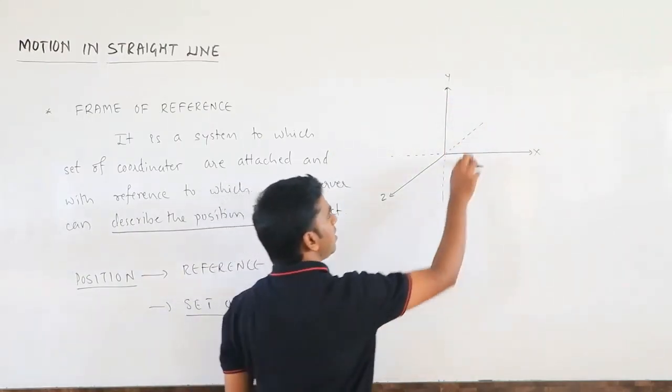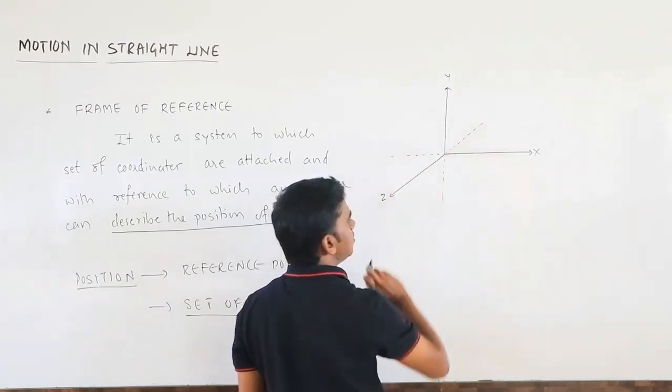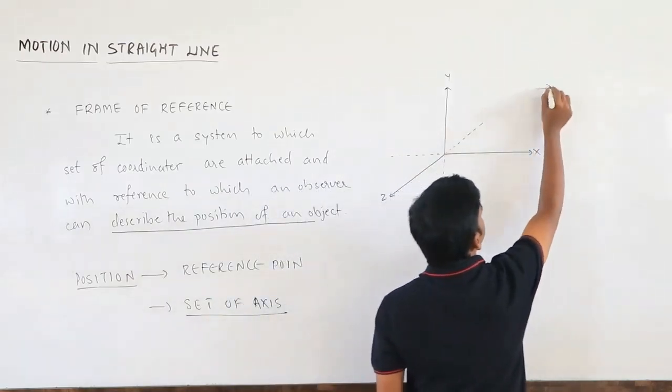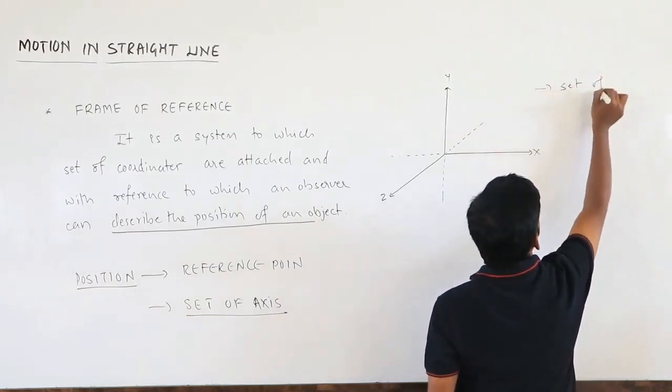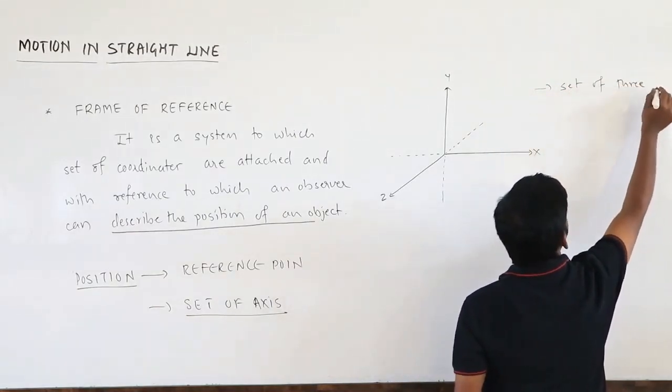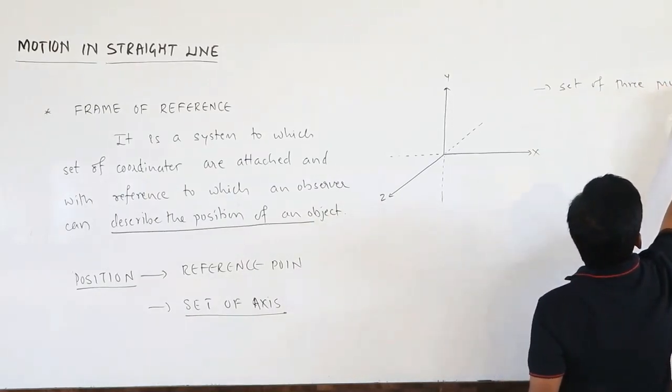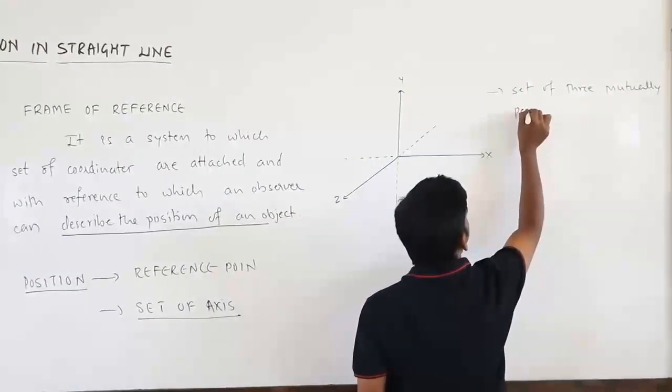How many axes are there? x, y, z. So what we have considered is a set of three mutually perpendicular axes.